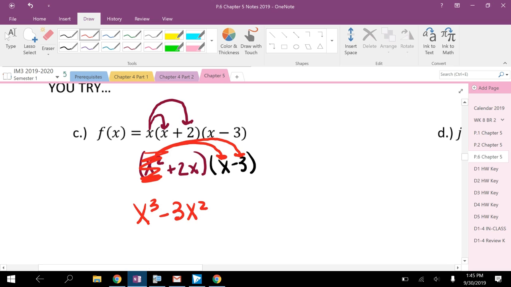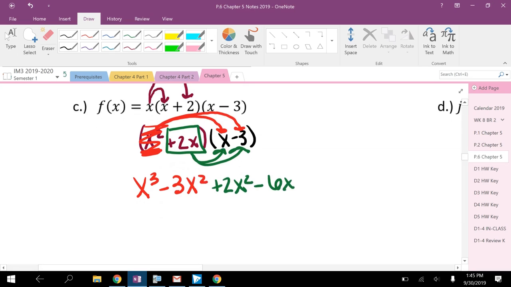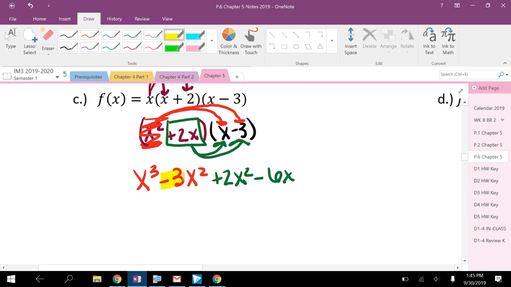That guy's done. Then I take this guy in green and multiply him to both of them, and I would get 2x squared minus 6x. Now, you're almost done. These guys would combine together, and you would get x cubed minus 1x squared minus 6x.